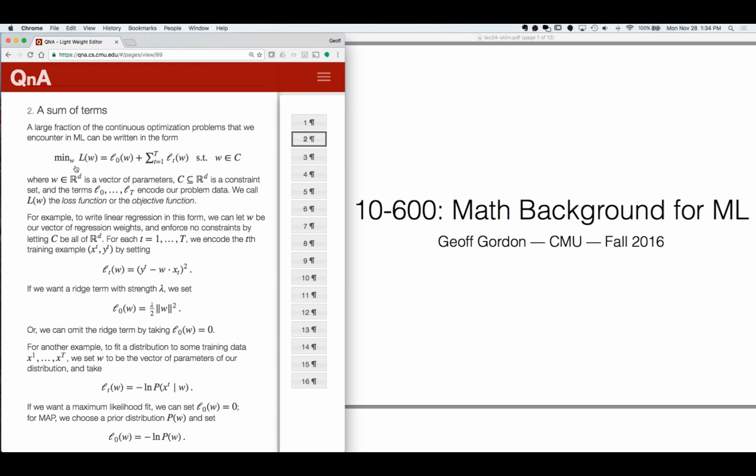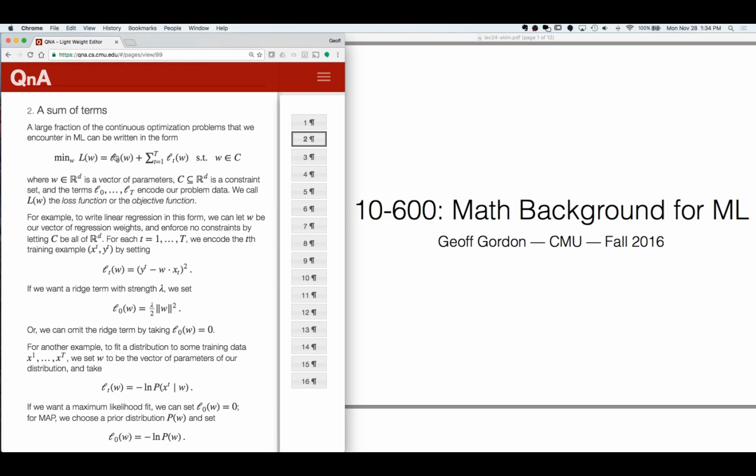We have some parameter vector, which I'm calling W, and we want to minimize over W a loss function, which I'm calling capital L. That loss function is a sum of terms: L0 broken out here, and then a sum from little t equals 1 to big T of LT of W. In a linear regression, for example, the little lt would encode the t-th training example, and L0 would encode, for example, the ridge term.